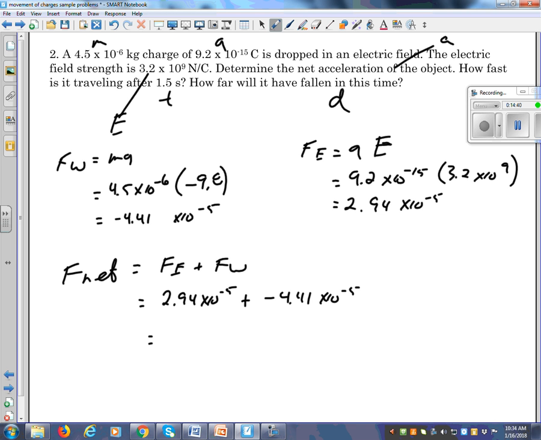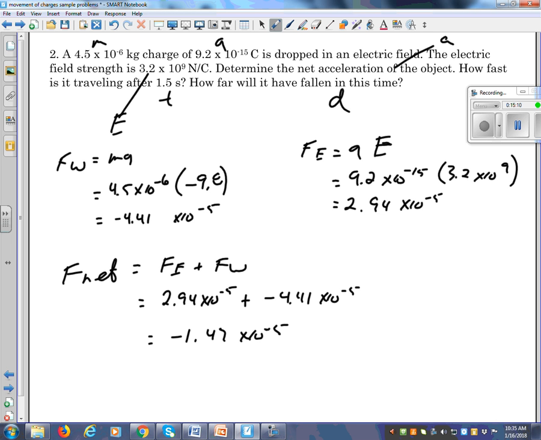Not enough light in here for my solar one. 1.47 times 10 to the minus 5, is that what you get? And it's minus 1.47 times 10 to the minus 5, right?